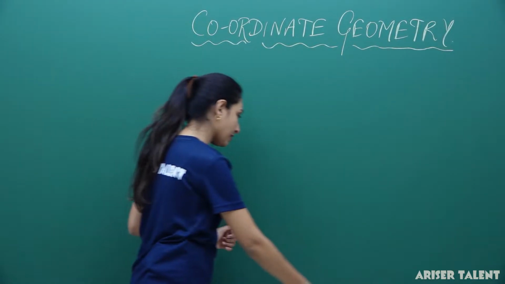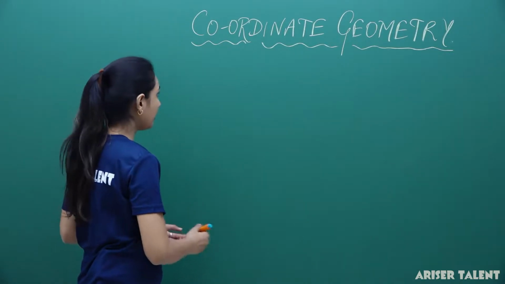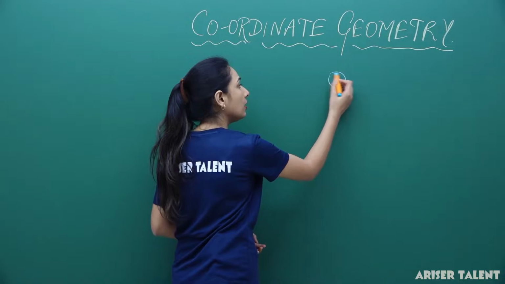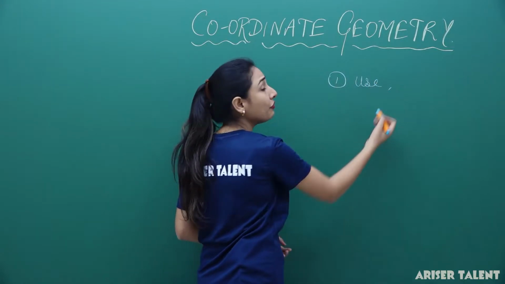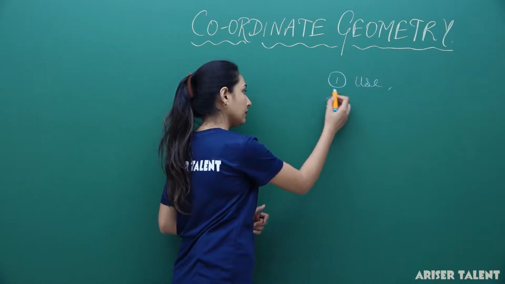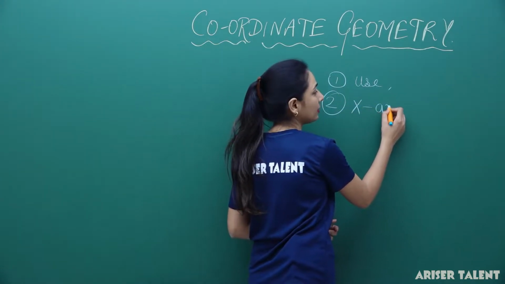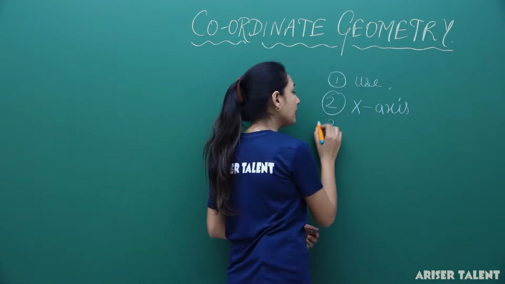Now students, do you remember what we have talked about? In the previous lecture, we talked about these specific points: first, the use and why we are studying this particular chapter. Then the second thing, we understood the x-axis and y-axis, right?